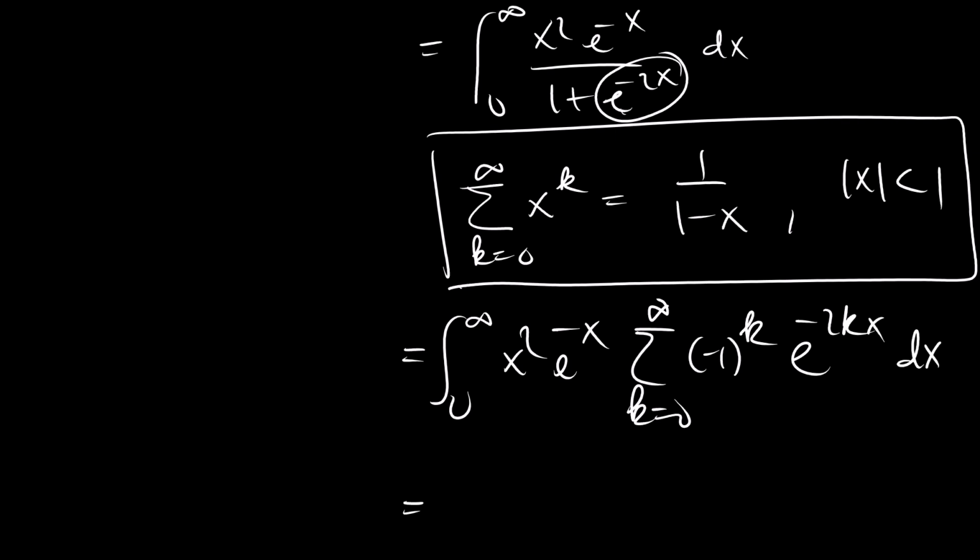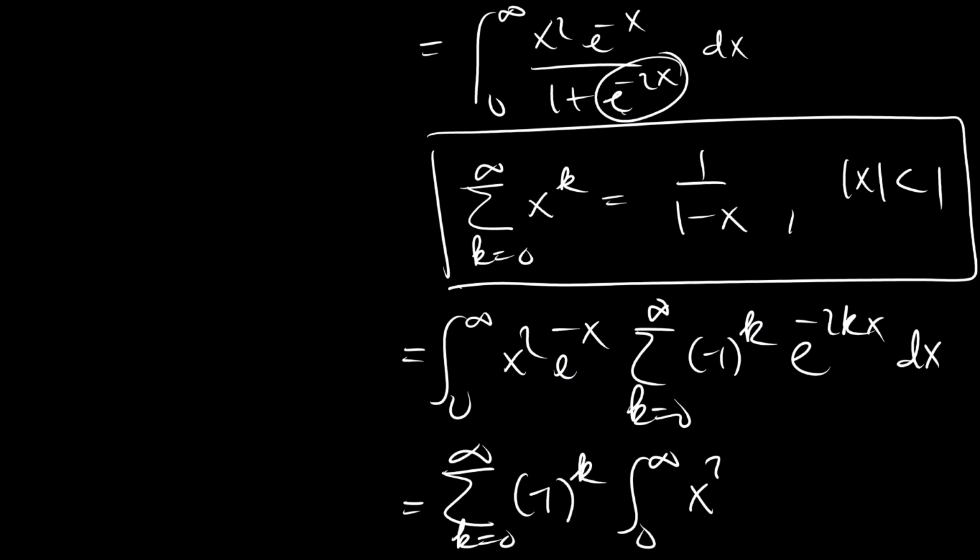When you're integrating a sum of things, it is the same as the sum of the integrals of the individual things you're integrating. So we have the summation, and we can pull our constant out, so that now our integration is a nice integral here.